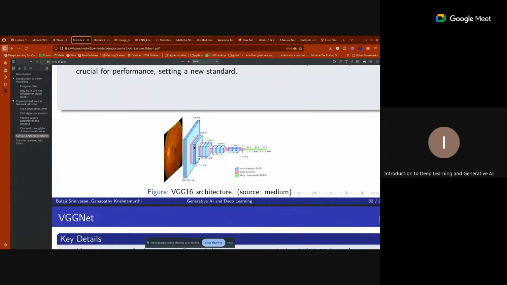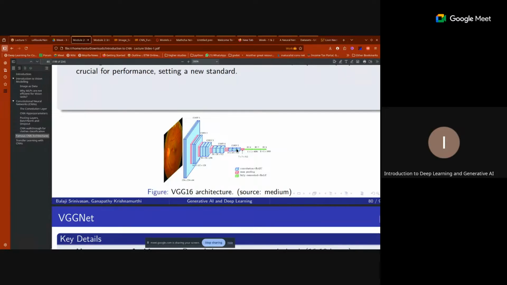You can freeze up to a certain layer, unfreeze the whole thing, or choose to change the weights of only some of the layers. That depends upon how different your task is from the original task.